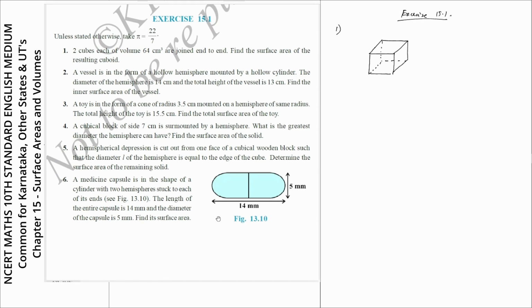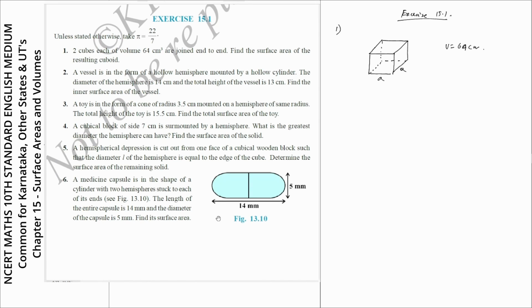Now, given that the volume of the cube is 64 centimeter cube. What is the volume of a cube? Suppose A is the length or side.